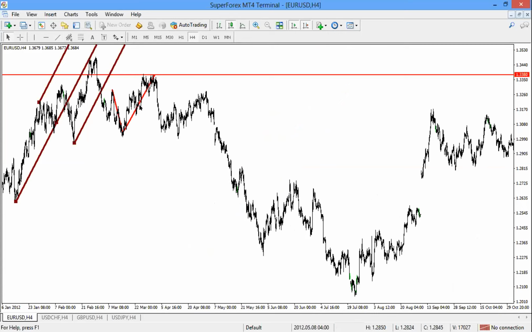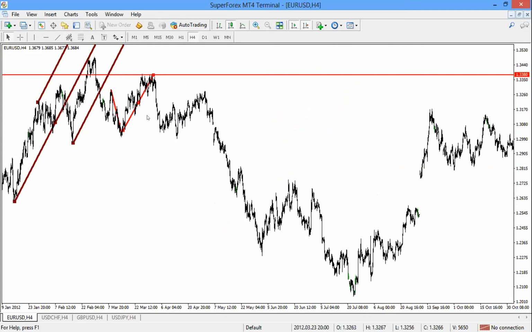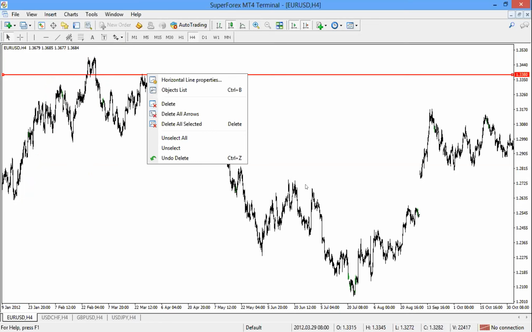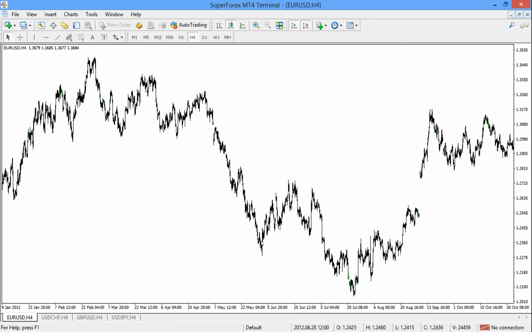So also, do you see Elliott waves here? I see them. Can I show you Elliott waves here? Okay. So you can do it like this.